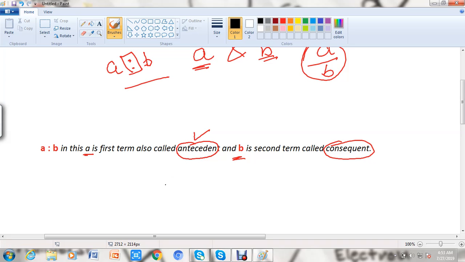Similarly, if we divide the numerator by a number, then the denominator must also be divided by the same number. So these are the properties, and if you remember them, it will help you a lot while solving numericals.